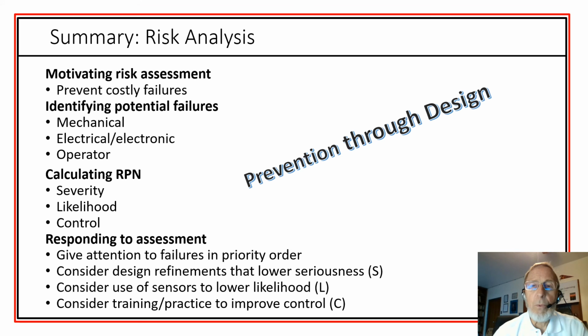In reality, what we really need to do is put on our thinking cap and think risk analysis as we go through design, identifying those possible failures and finding ways to prevent the failures from occurring.